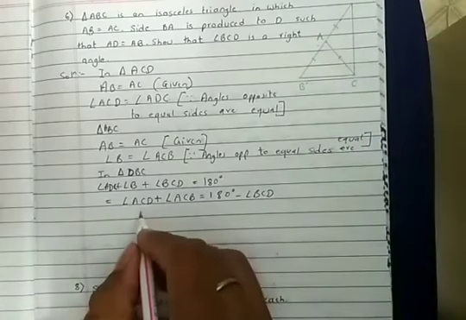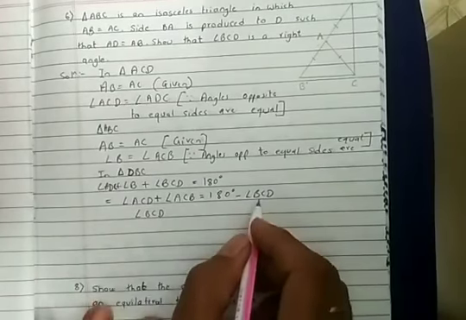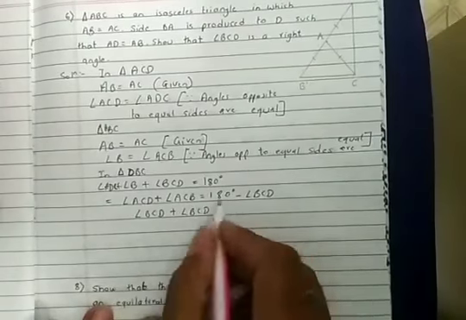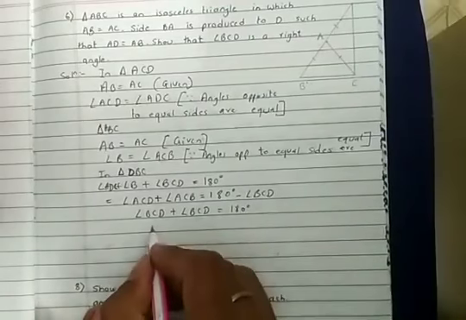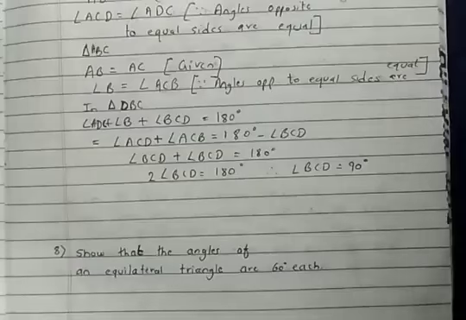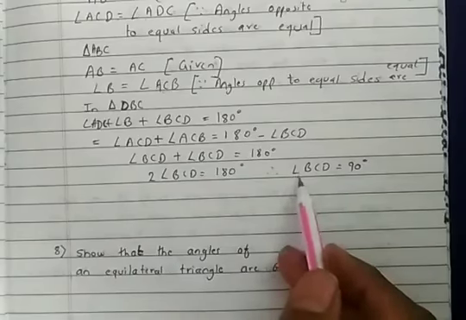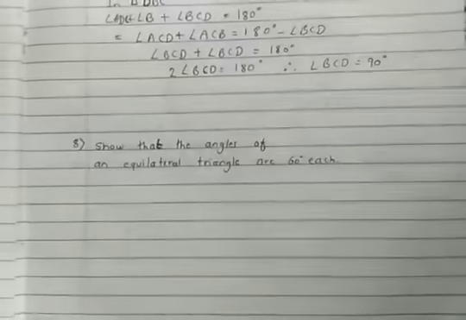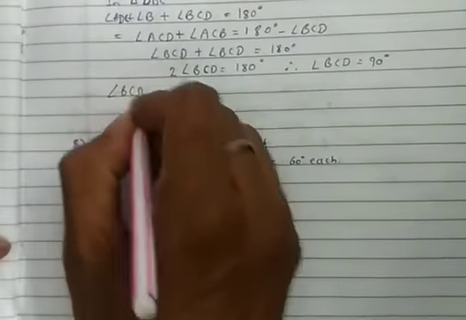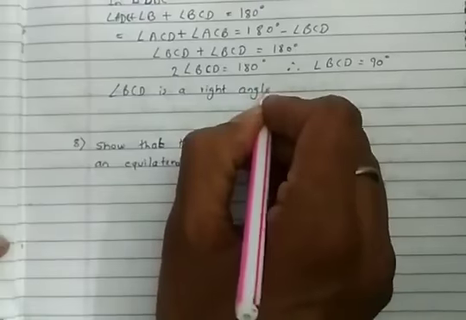So this will be angle BCD, and this you can bring to the left hand side. The sign will change, minus will become plus. So this will become twice of angle BCD equal to 180 degrees. Now if we solve this equation, we will get the value of angle BCD as 90 degrees. So you can say that angle BCD is a right angle, right?